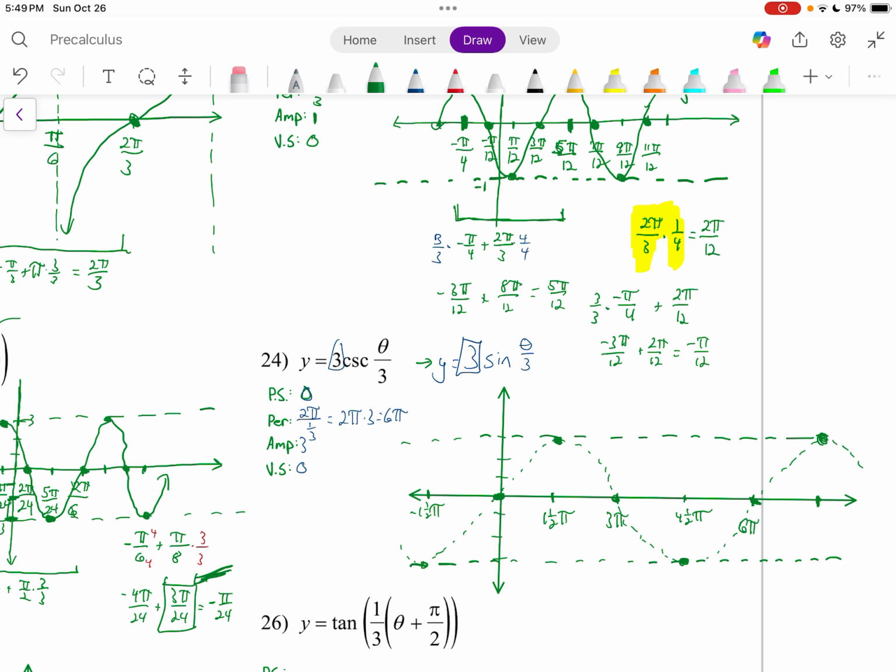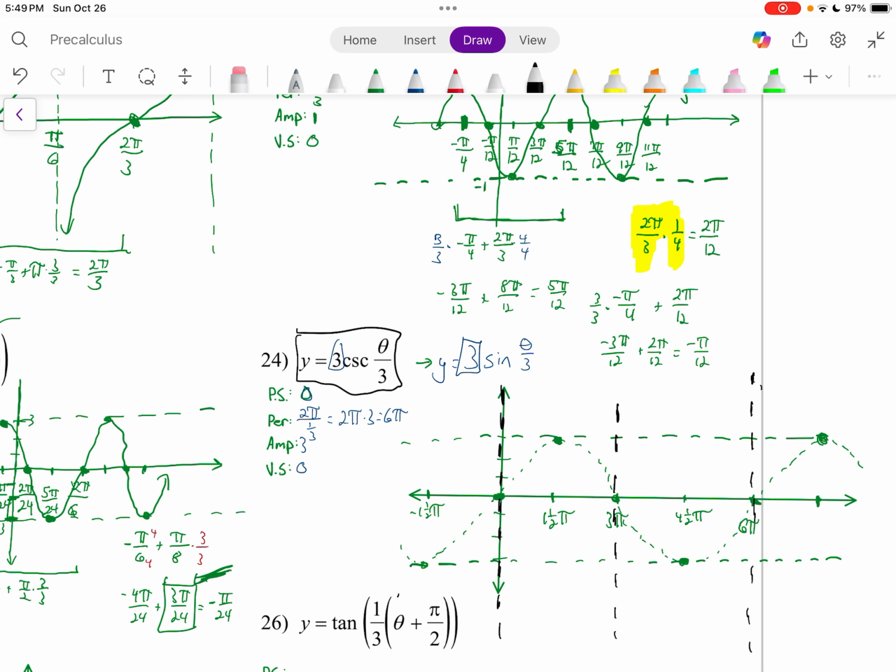And as we recall, well, actually, now let's switch over to black. So now we're going to graph this. So wherever this hit the x-axis, we're going to have a vertical asymptote. And then we can graph.